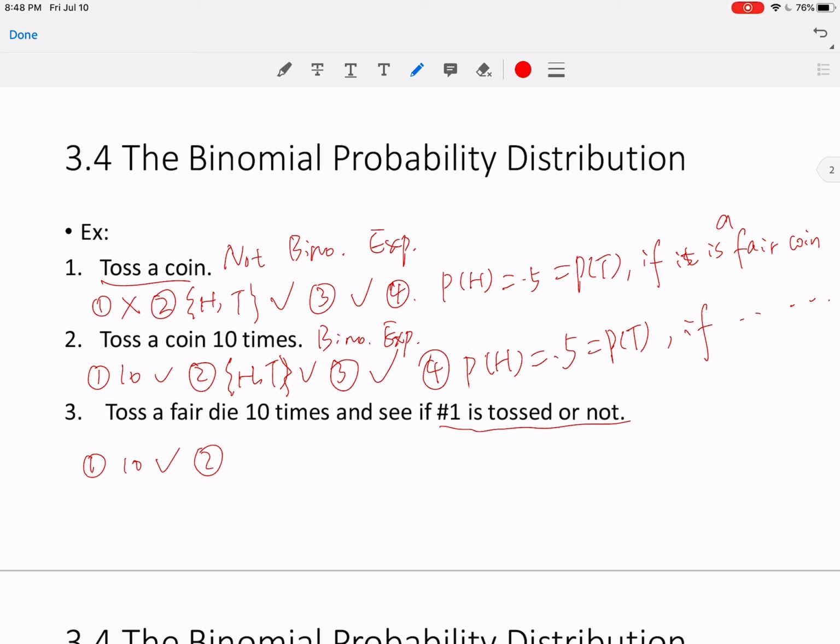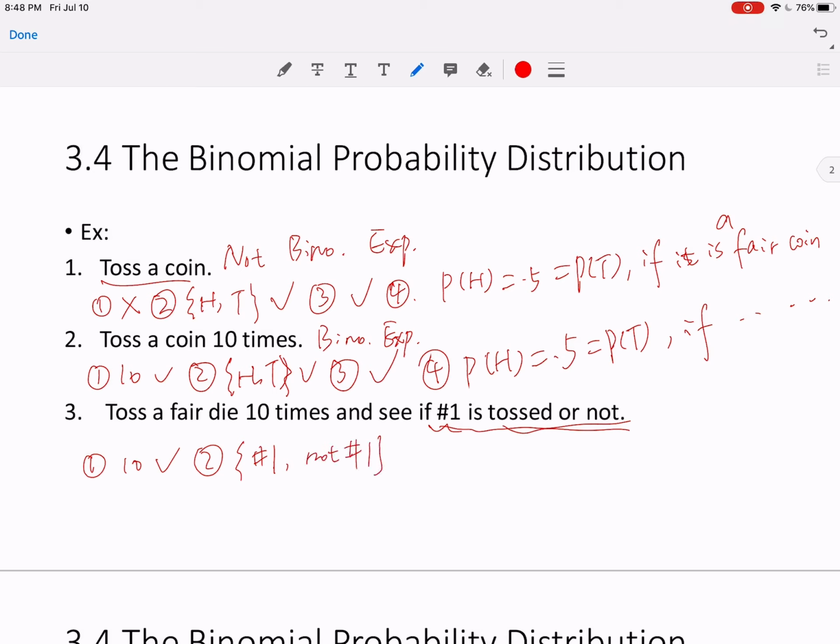The problem says toss a fair die 10 times and say if 1 is tossed or not. So what we care about here is if the number we got is 1 or not. We don't have to worry about any other numbers. It could be any other numbers, but we don't care. We just care about if it's 1 or not. So there are only 2 possible outcomes. It is number 1, or not number 1.